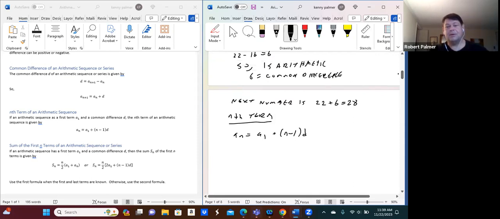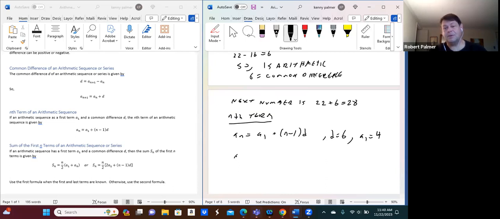We plug in what our d is, which this time is 6, so d is equal to 6, and a_1 is equal to 4 in this case.